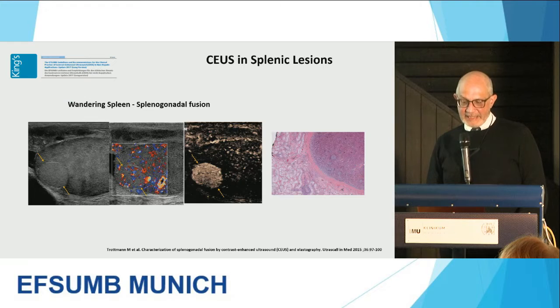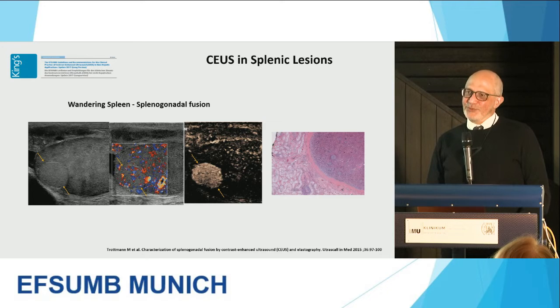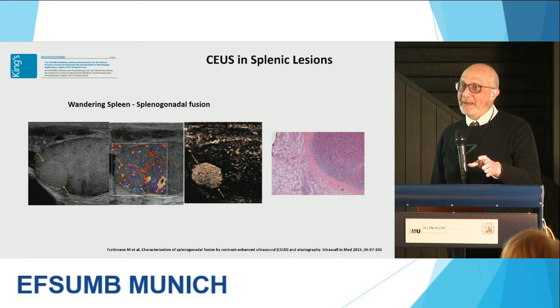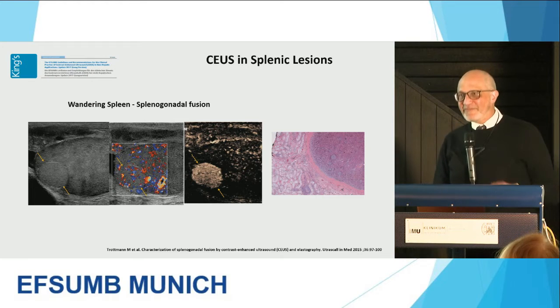I always save this case for this meeting because this is a man from Munich. This is a patient of Dr. Klevert's who presents with a testicular mass. And this is a splenogonadal fusion. You can actually fuse your spleen to the gonads, and you more often see it in men because they can feel it.